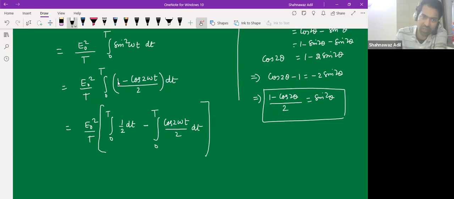So we have separated these two terms. So let us take this half outside, right? So this is E naught square by 2T, and the first integral is 0 to T dt, and the second integral is cos 2 omega t dt from 0 to T.